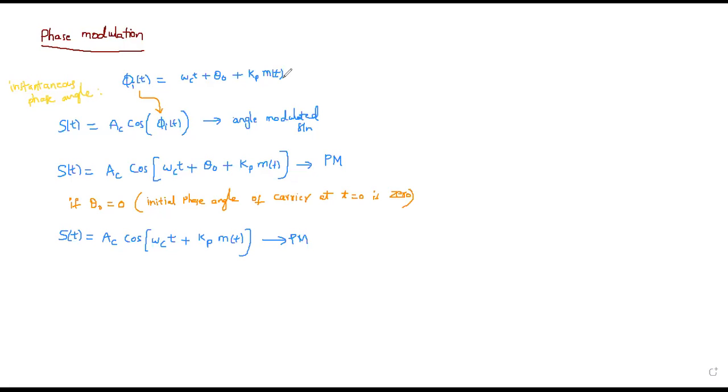So the instantaneous phase angle of a phase modulated signal is defined as a function of m of t, or in other words, this phi I of t is directly proportional to m of t. Okay, so this is for a phase modulated signal.